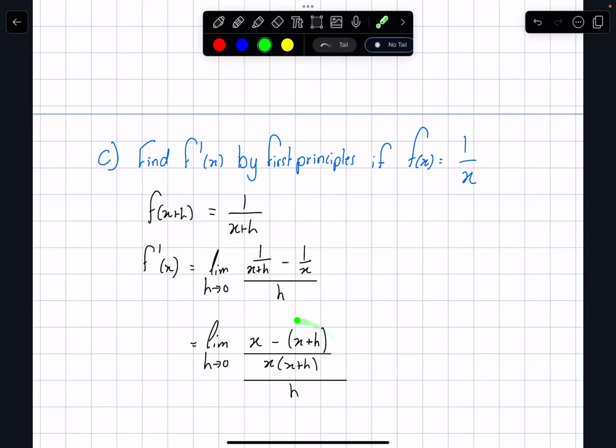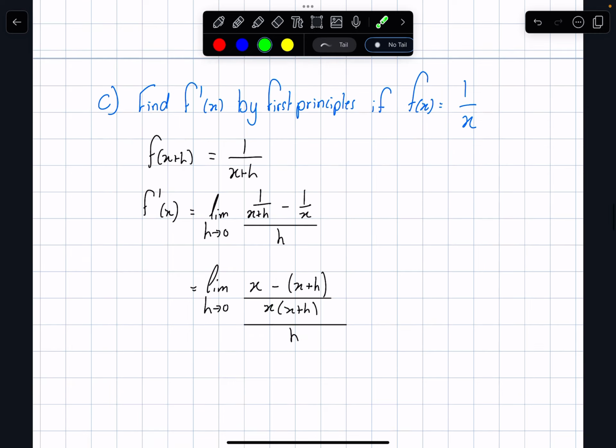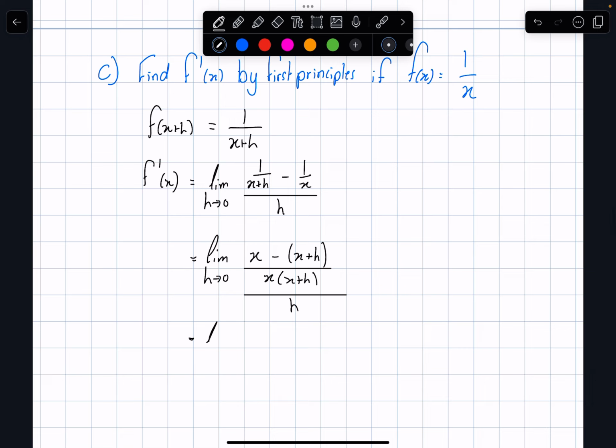Now, when we've got a fraction in the numerator divided by one more thing, the denominator in the top fraction and the denominator of the overall fraction are just multiplied together. So this becomes the limit as h tends to 0, x minus x minus h, so expanding that bracket, all over h times x times x plus h.